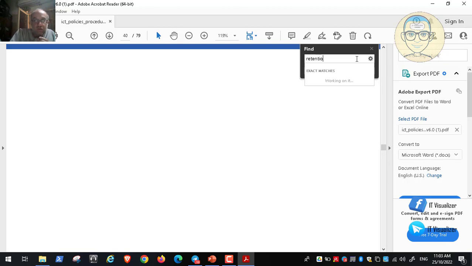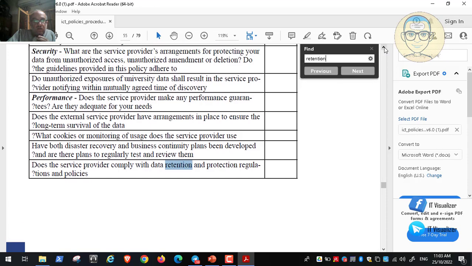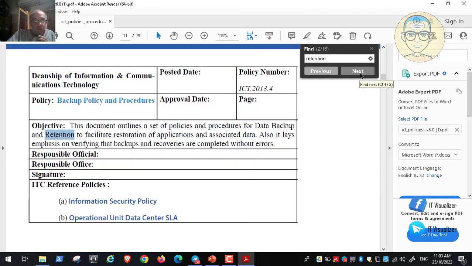Retention. Okay, it says here, let me go to the next one. Okay, backup and retention. So this is one.